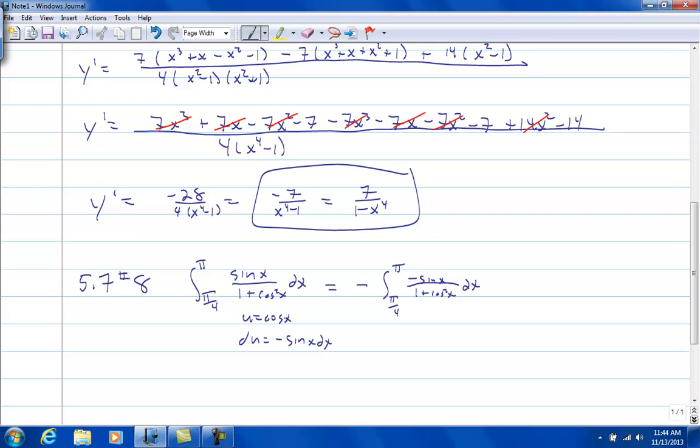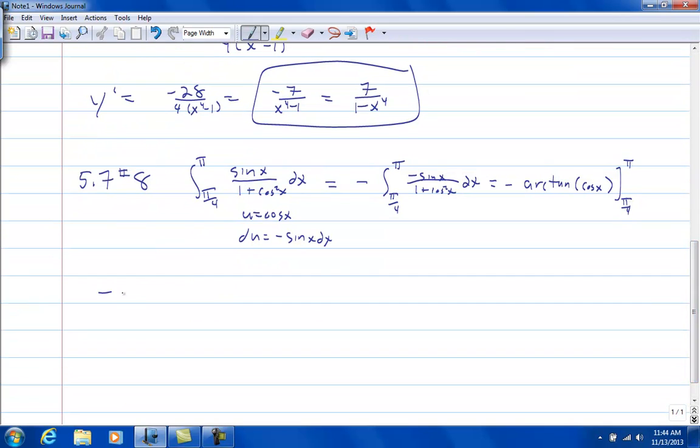And so now we have it pretty much set up that it's basically a 1 plus u squared down below. So it's like 1 over 1 plus u squared. And that's going to give us the negative of arctangent of cosine of x, because our u is cosine of x, from pi over 4 to pi.